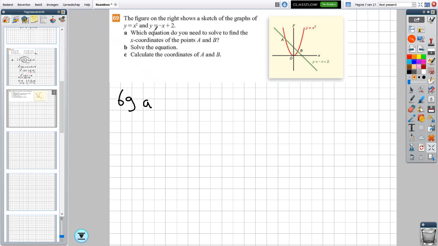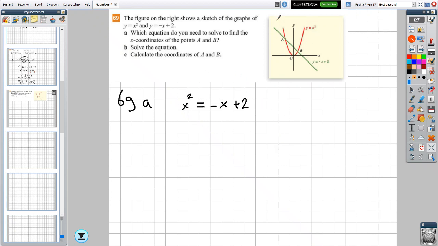So in these points, y = x² is equal to y = -x + 2. Which means we can say, my parabola x² is equal to my straight line -x + 2. This is the equation that you have to solve.